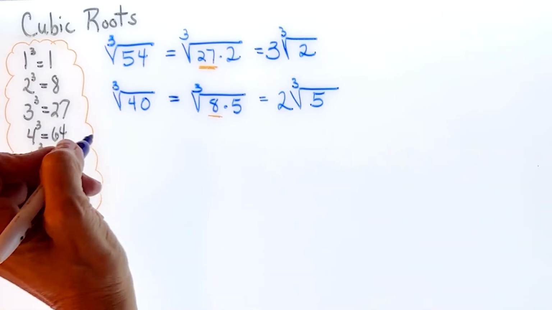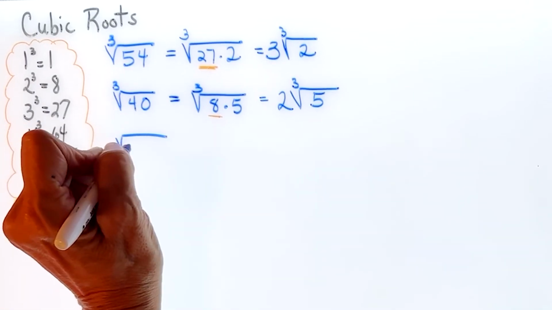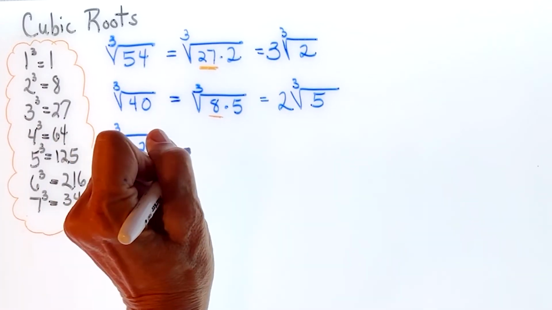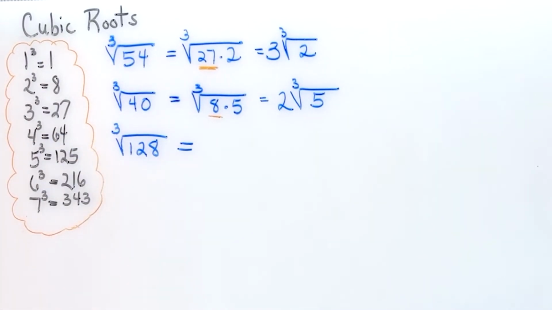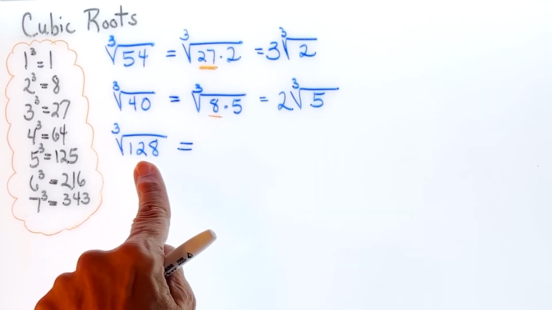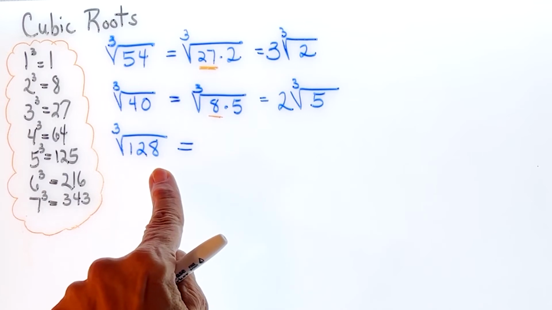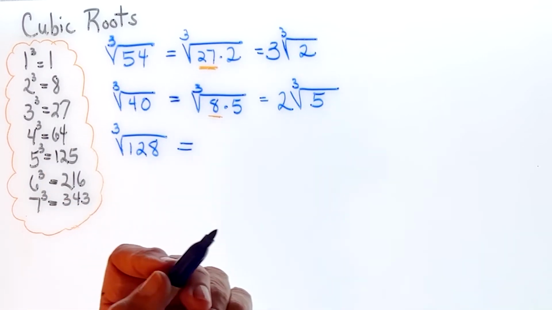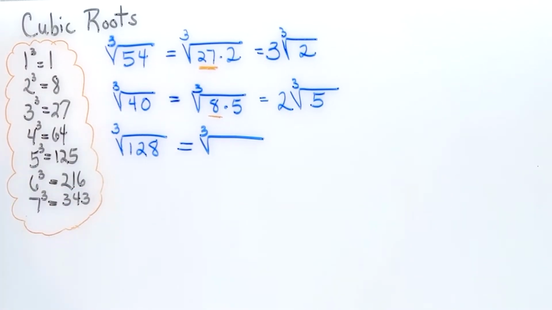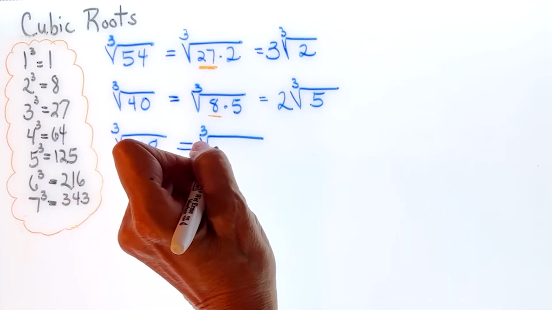All right, and here we go with another one. The cubic root of 128. So this one, I'm thinking about the numbers, and I know that 64 times 2 is equal to 128. And you can tell by my voice, I'm kind of excited because if you look at our list of ones that we need to remember, the cubic root of 64 actually is 4.